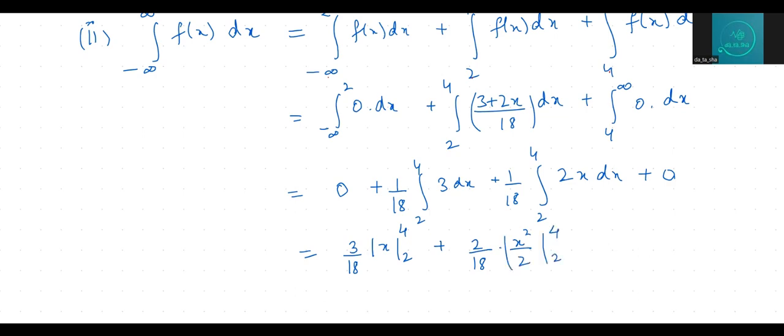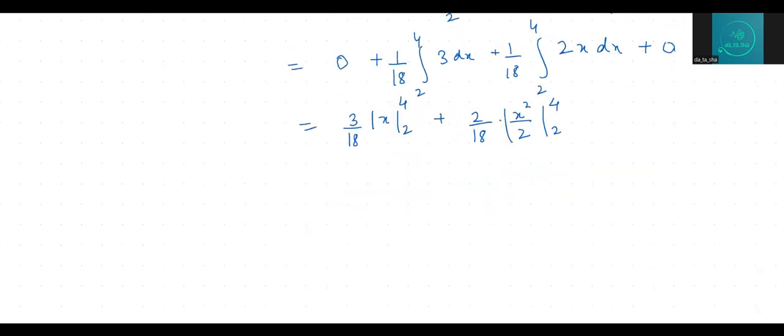Because this is a definite integral, we'll be applying the limits, and finally we'll get the answer as, and this would be 4 squared, that is, okay, I'll write it like this.